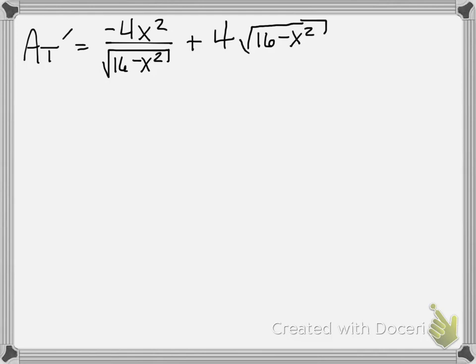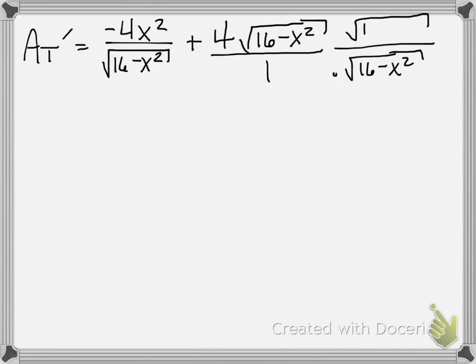Well, this is actually over 1, so in order to add those we need to find a common denominator, and so we can just multiply that by the square root of 16 minus x squared over the same, because this right here is just equal to 1, so we're not technically going to be changing our value.